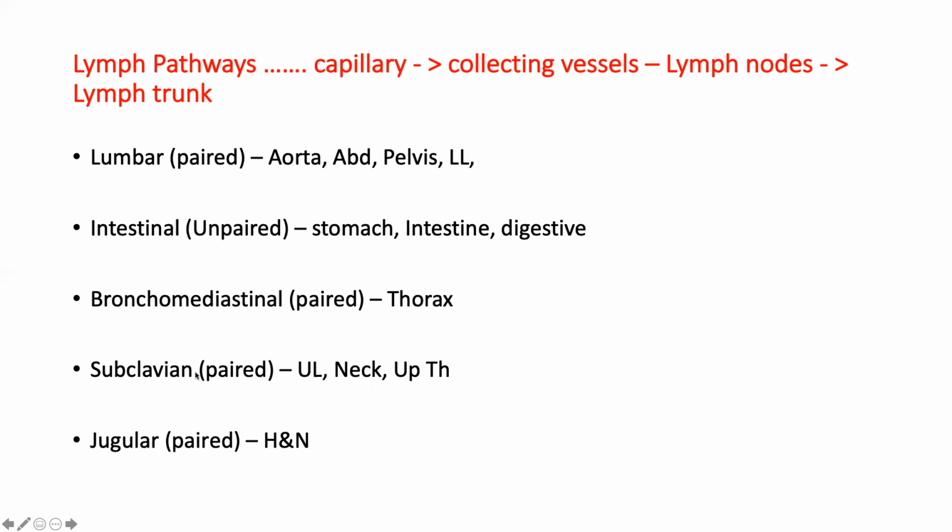Of course, we have right and left because we color coded with green and pink, therefore they are paired. And the jugular lymphatic trunk drains the right side and left side of the head and neck, and they are paired. So now, starting from the capillary level, we get to the stage where the lymph vessels become much larger and form the lymph trunks.